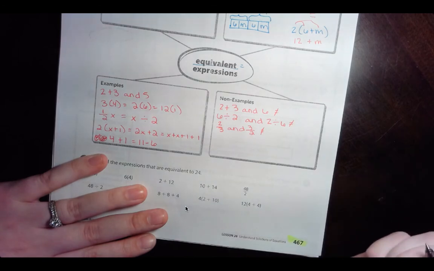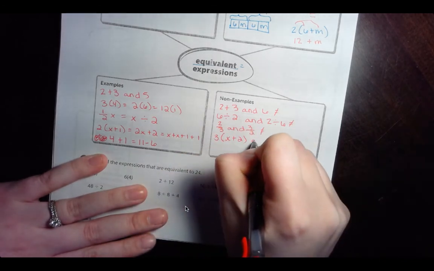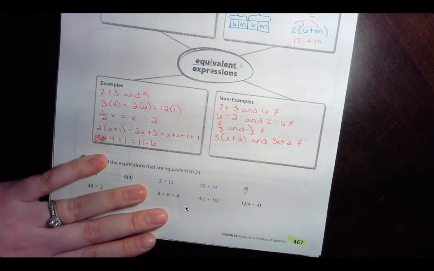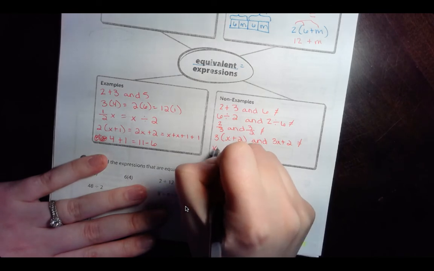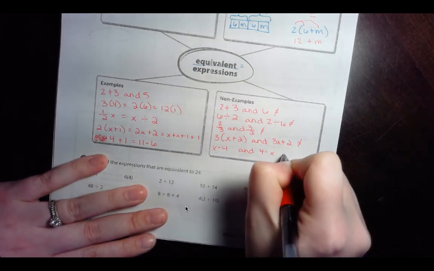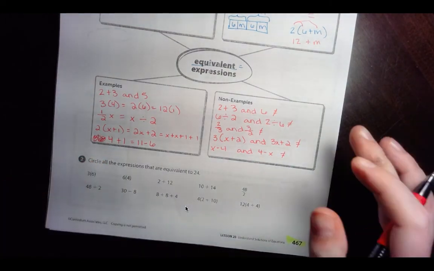Not equivalent. 3 times x plus 2 and 3x plus 2 are not equivalent. x minus 4 and 4 minus x. Not equivalent. All right, number 2.